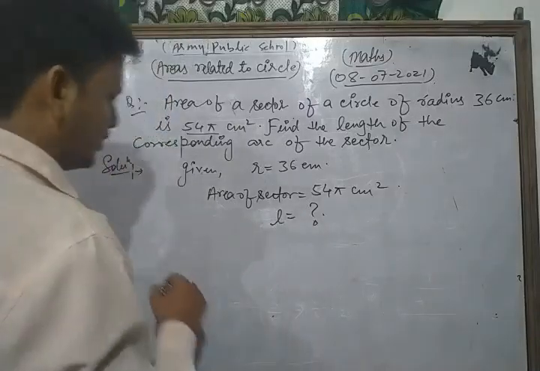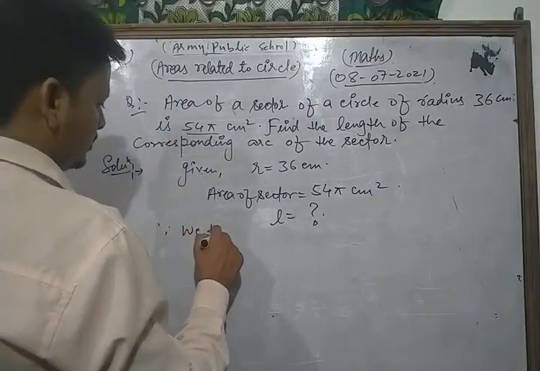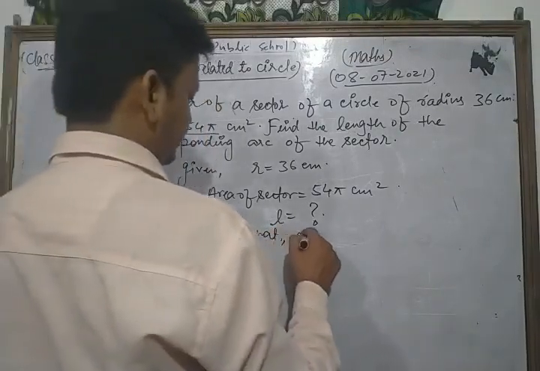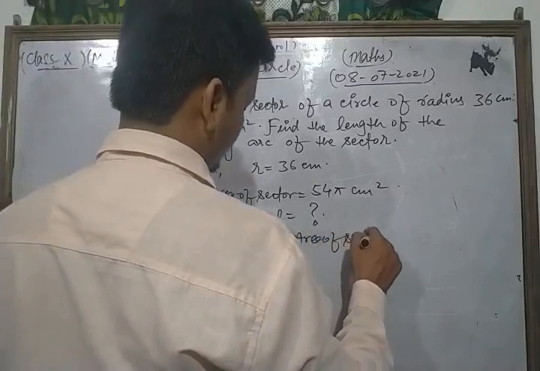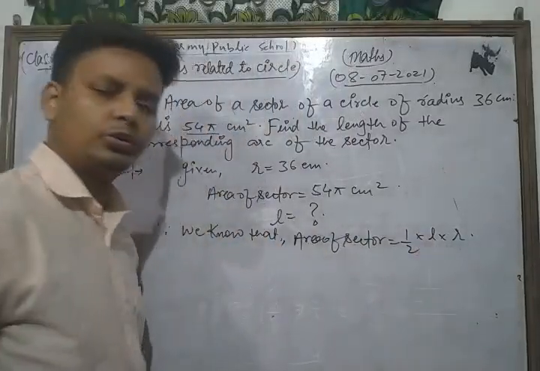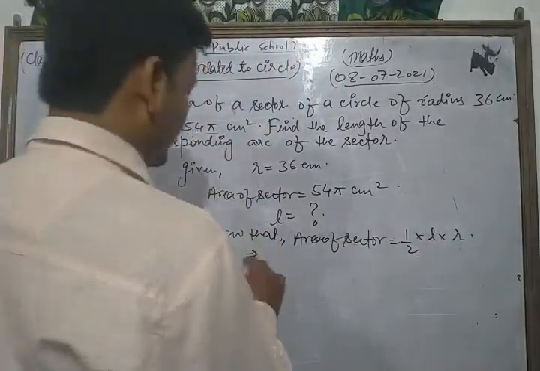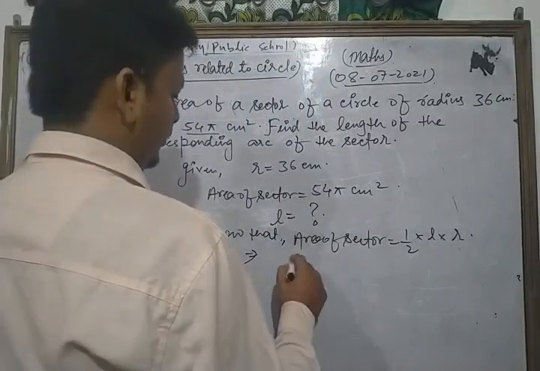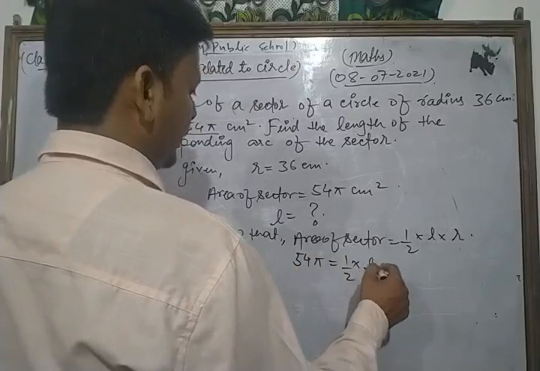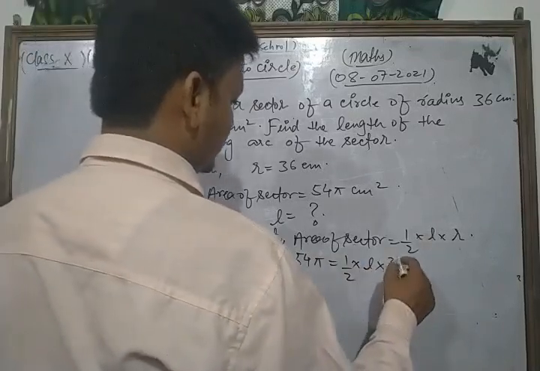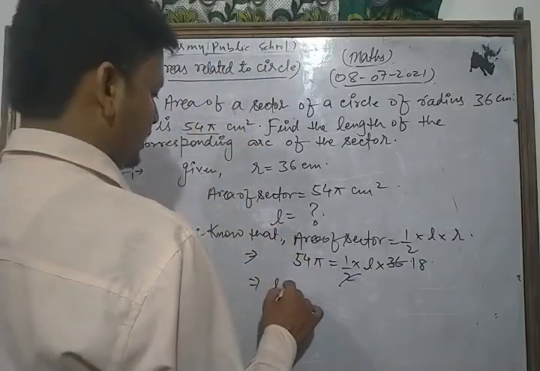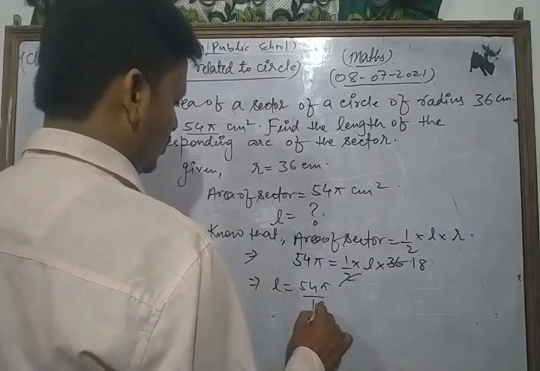Since we know that area of sector is equal to 1 upon 2 into length of arc into radius of the circle, from there 54 pi is equal to 1 upon 2 into l into 36. Half of 36 is 18, so l is equal to 54 pi upon 18.